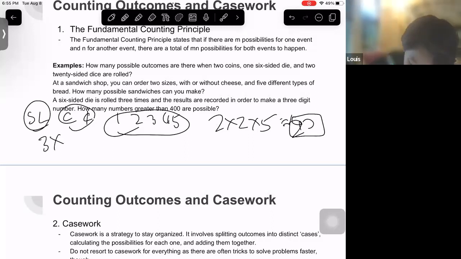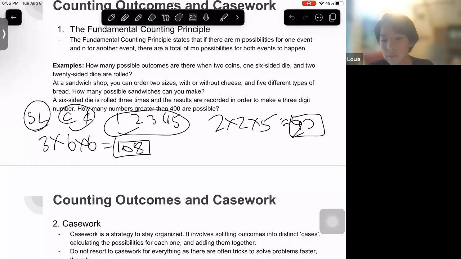So there are 3 choices for the first roll. The second roll and the third roll would have 6 possibilities each. So multiplying all of them out gives us 108. So our answer is 108. Any questions?